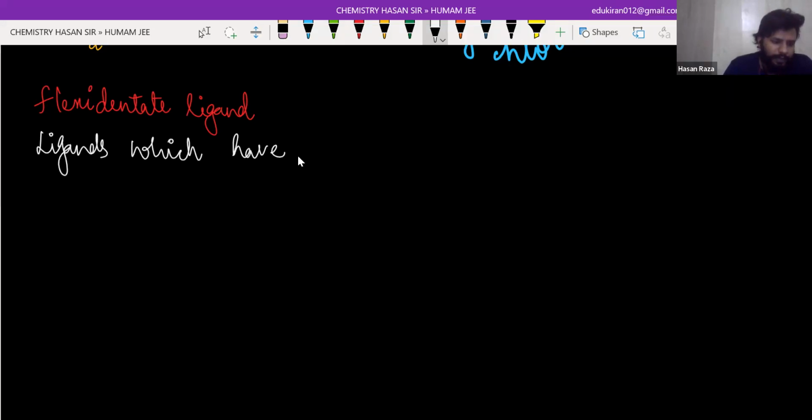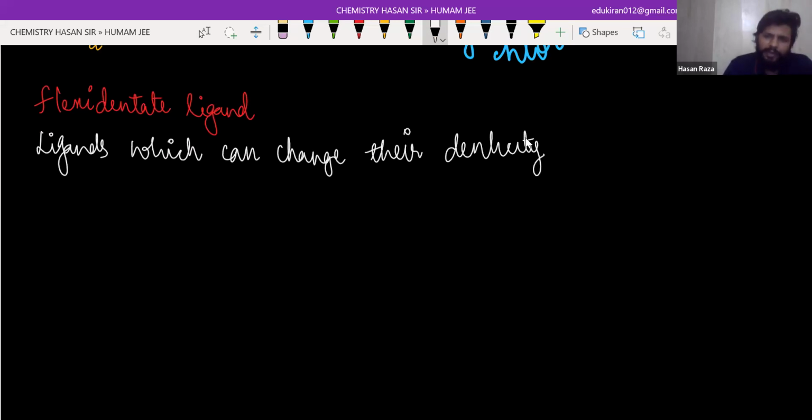A flexidentate ligand is a ligand which can change its denticity. According to the situation, it can act as unidentate or bidentate. That is your flexidentate ligand.